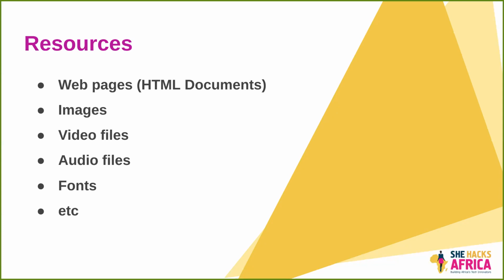It sends that back to you as a response, and then you can pick your images and download them. So that's why you have images as a resource. You also have web pages, videos, audios, fonts, and several other things that can be resources the server sends back to you as responses.